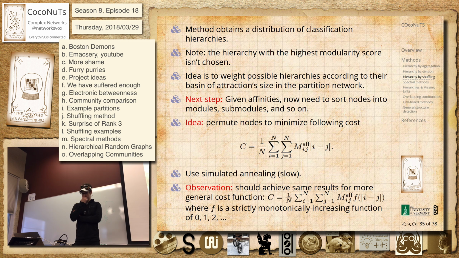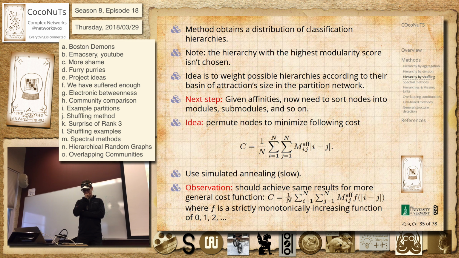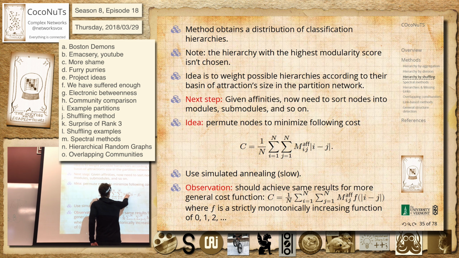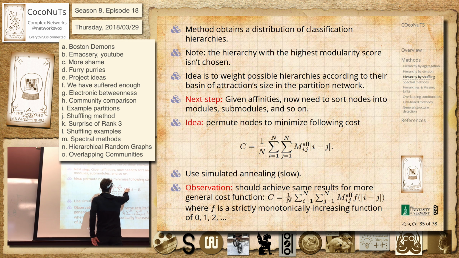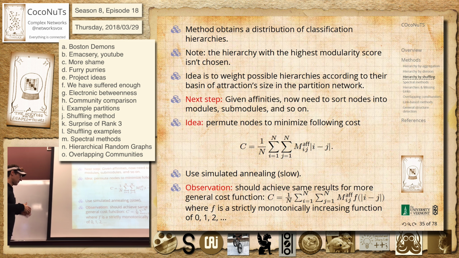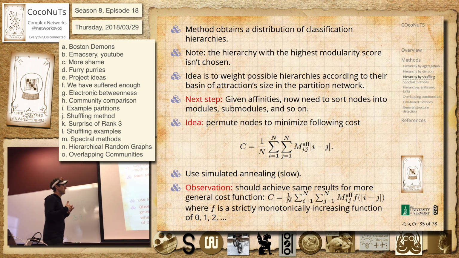So here's the, wow. This is something we'll come back to, but the idea is you want to sort the nodes to maximize this score, right? Or minimize this cost, I should say. Because now you have an affinity score, right?